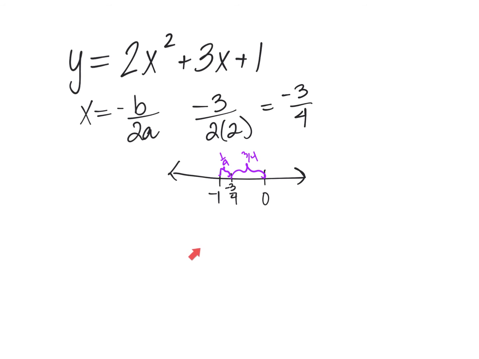If I wanted to see symmetry in my table, I would need to use negative 1 and negative 1/2, because negative 1/2 is 1/4 away from 3/4. That's confusing to think about because, let's be honest, we struggle with fractions. So let's just use whole numbers. But you have to plug all of them in, because that 3/4 is not halfway between the two whole numbers.